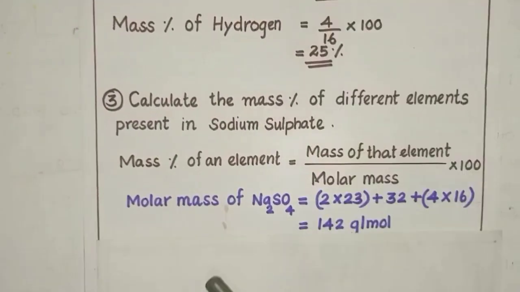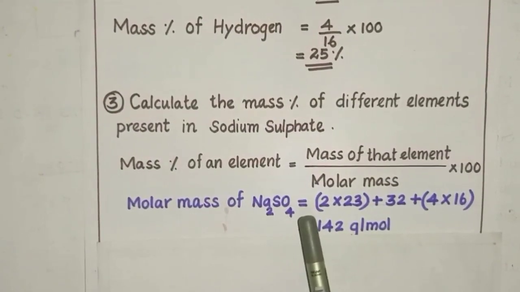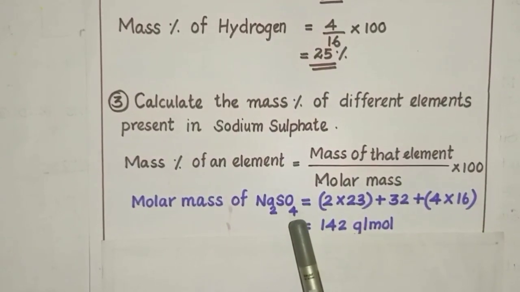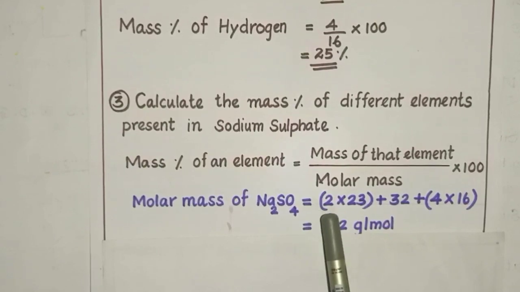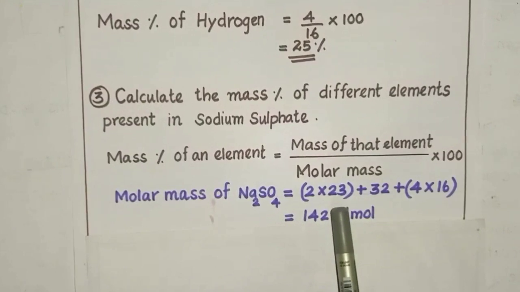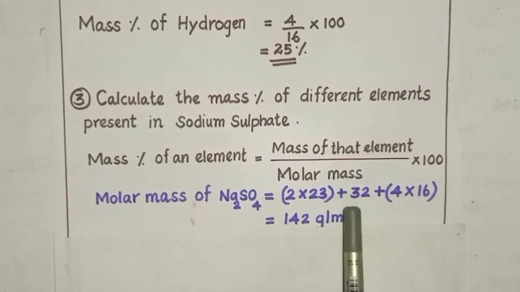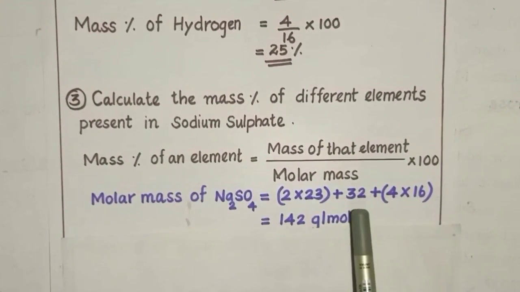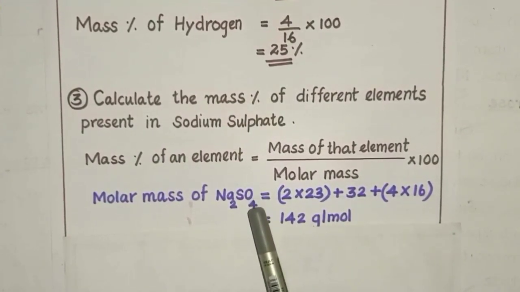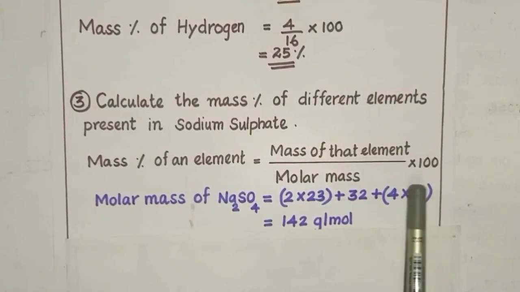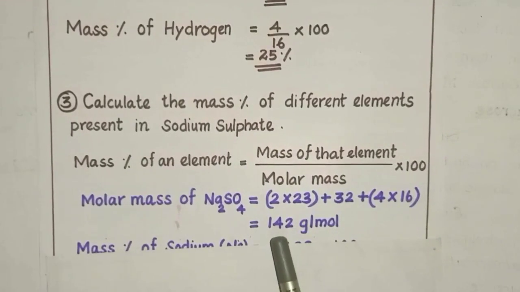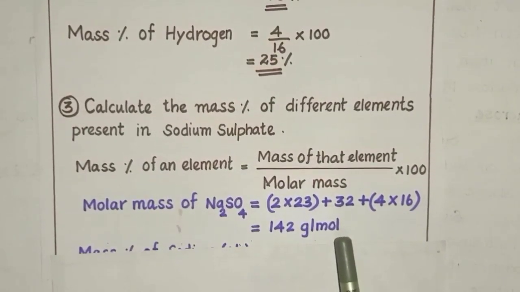The molecular formula is Na2SO4. So, the molar mass is equal to 2 sodium atoms, so 2 into the atomic mass of sodium, 23, plus 1 sulfur atom, atomic mass of sulfur is 32, plus 4 oxygen atoms, so 4 into the atomic mass of oxygen, 16. On adding these three values, we get 142 gram per mole.